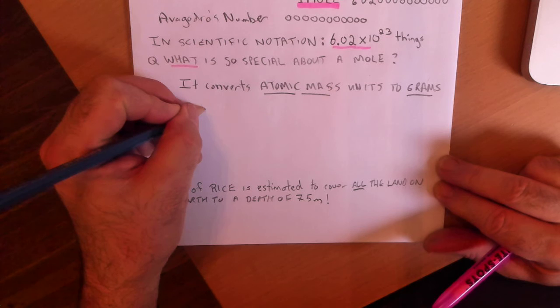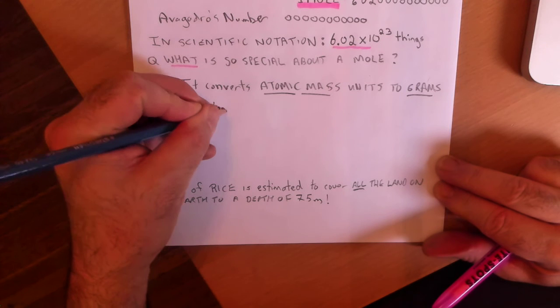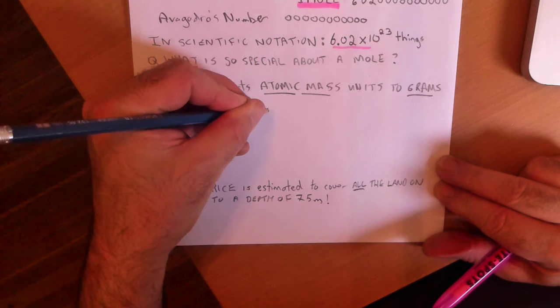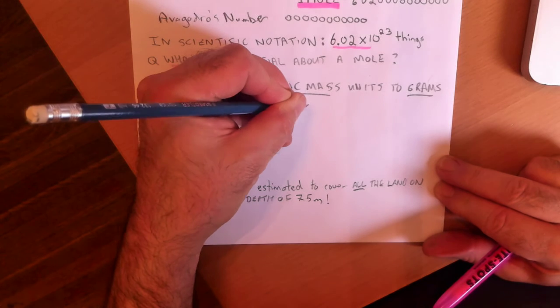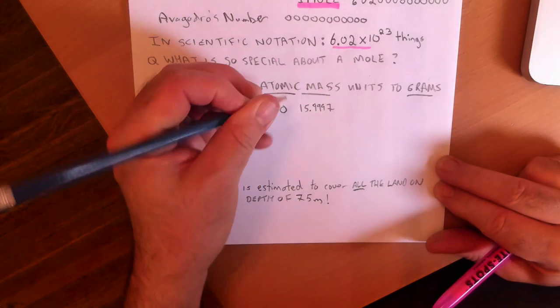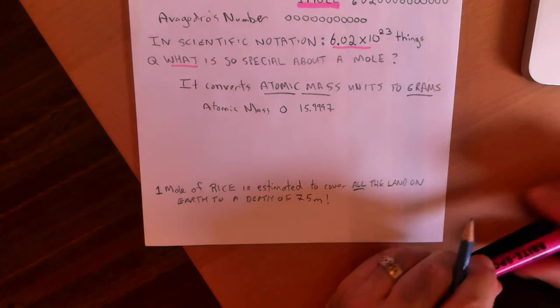So the atomic mass of oxygen is 15.9997. Sorry about that.